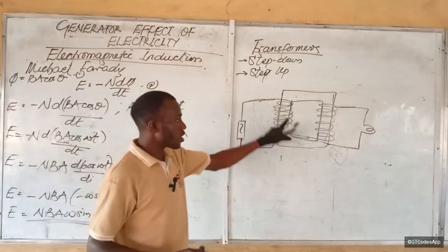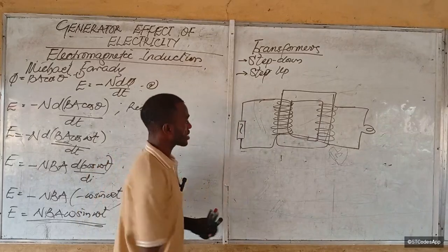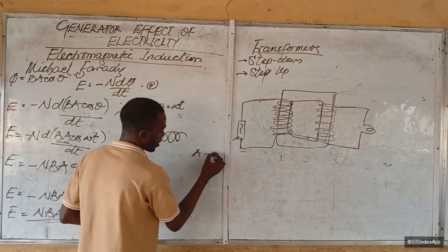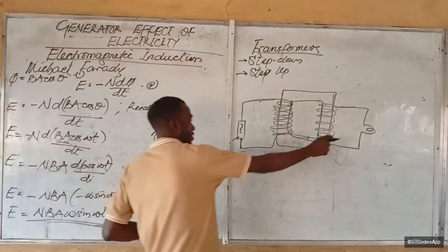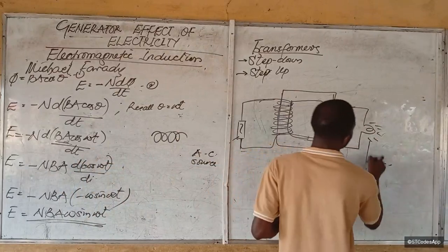Now, this coil of wire on this side is the one that is connected to the AC source. This is our AC source, alternating current source. And this is our load. I just put a bulb there. So this is our load.